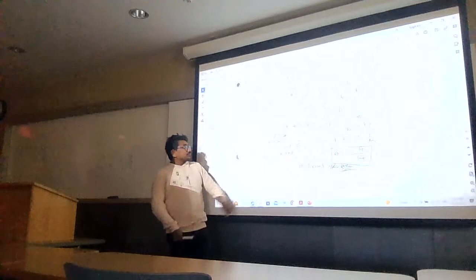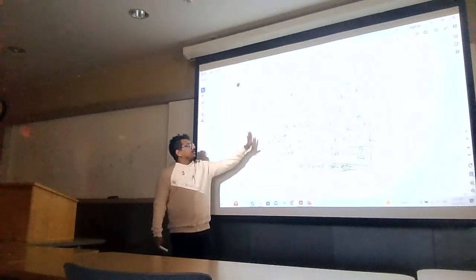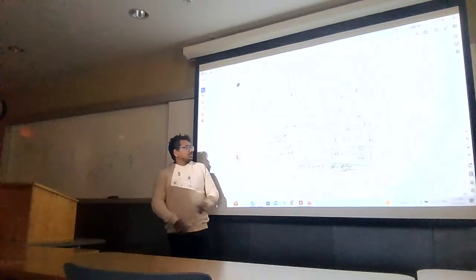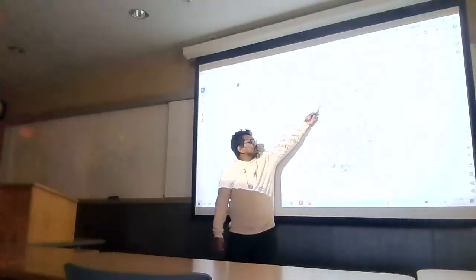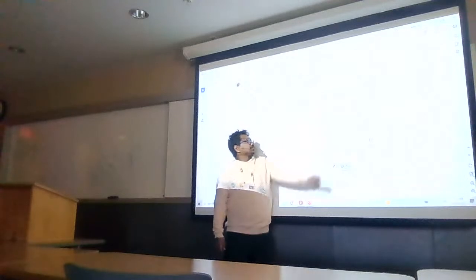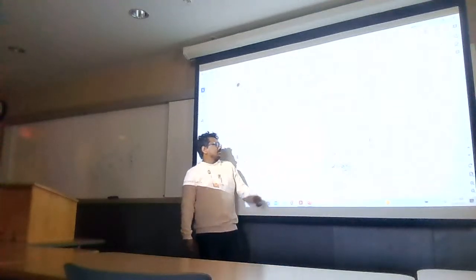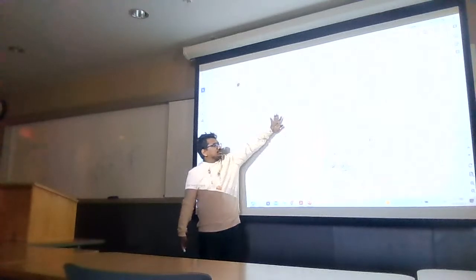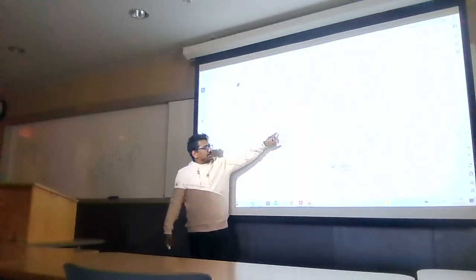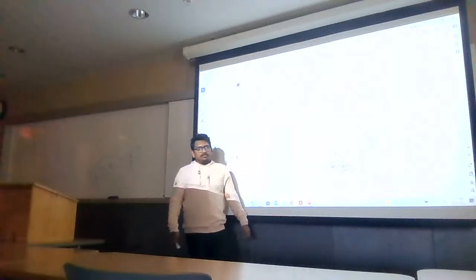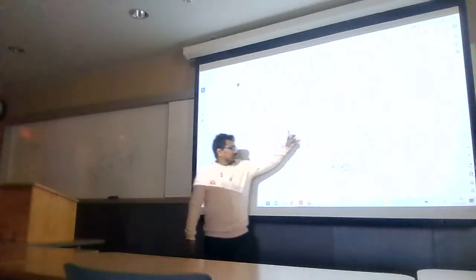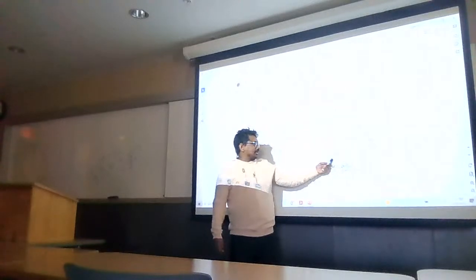And the voltage gain of a common source amplifier with degeneration is given by this equation: minus RD divided by 1 by GM1 plus RS, where GM1 is the transconductance of this transistor. With some simplification, I'm not going into the mathematics, you will find an equation like this.